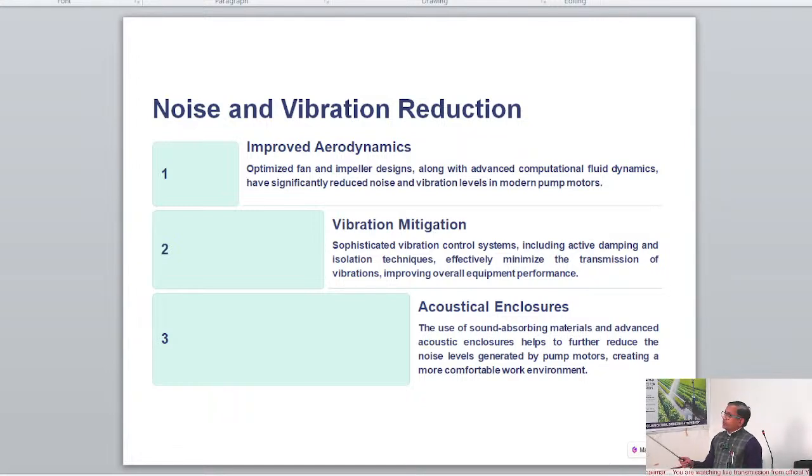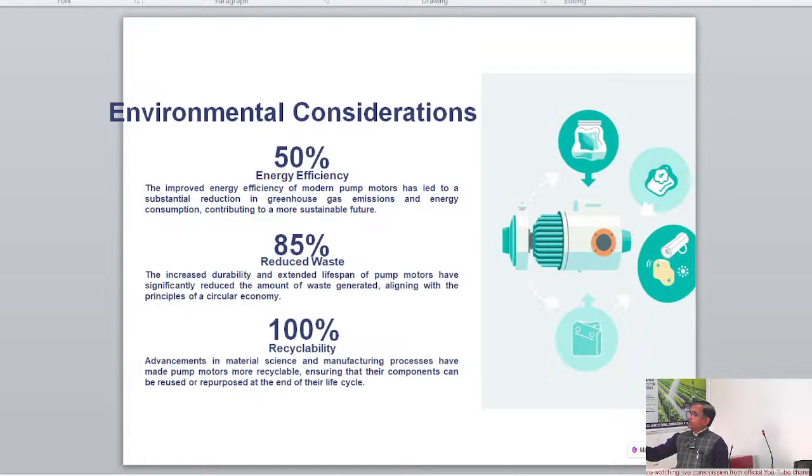From the environmental consideration point of view, energy efficiency can be increased up to 50% as per the available data. However, we are using 15 to 20% efficiency. So that is one of the scopes where we can do the work. Energy-efficient modern pump motors lead to a substantial reduction in greenhouse gas emissions as well as energy consumption.